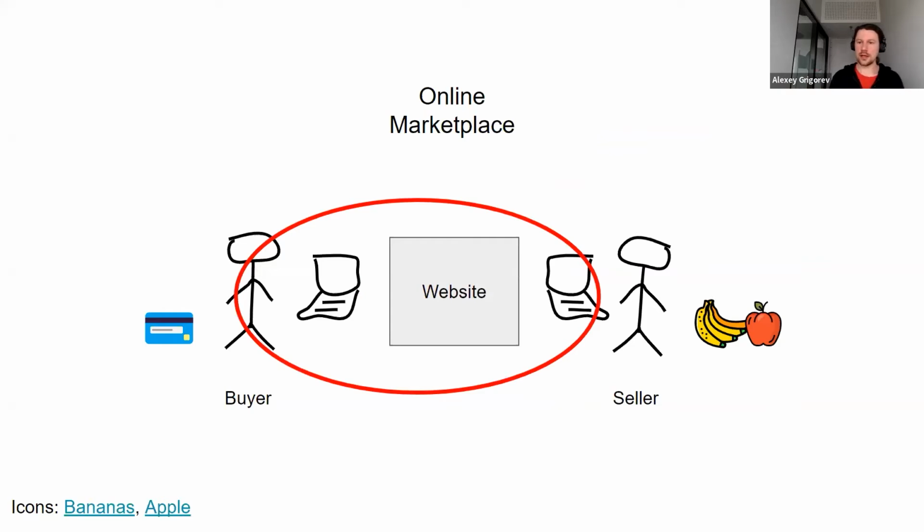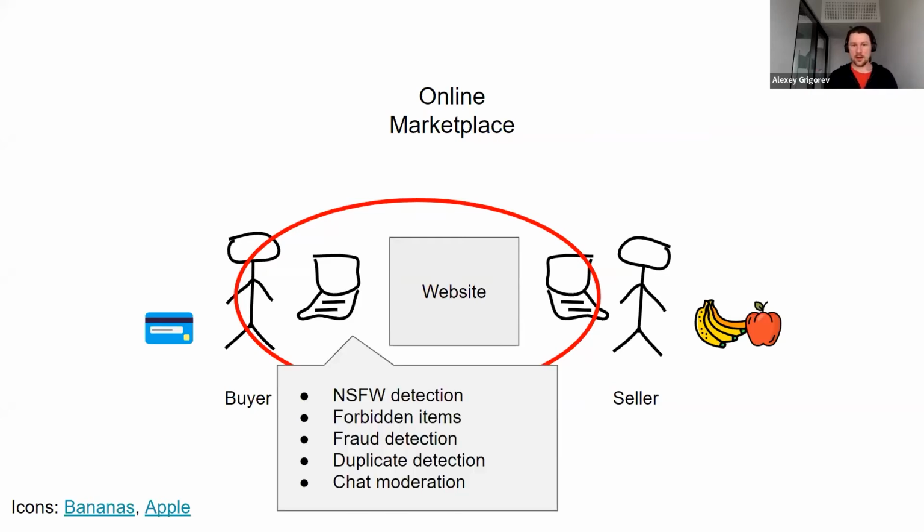Another area is the interaction between buyer and seller, and I refer to this as making this transaction safe. And usually here we want to detect all the nasty stuff. Sometimes, let's say, sellers, as I said, do not always have the best intentions.